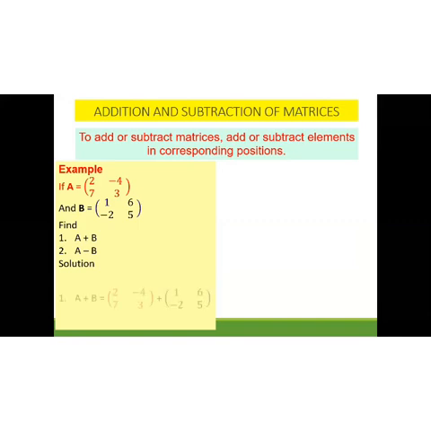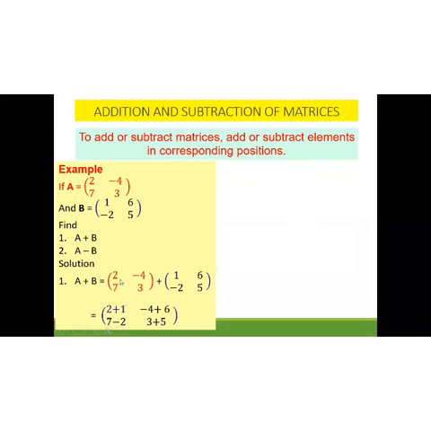So we can go ahead and do the addition. Let's add these two together. What we simply do here is take elements in the corresponding positions: 2 plus 1, minus 4 plus 6, 7 plus minus 2, and 3 plus 5. You should match the elements in the corresponding positions and do the appropriate operation, either addition or subtraction.